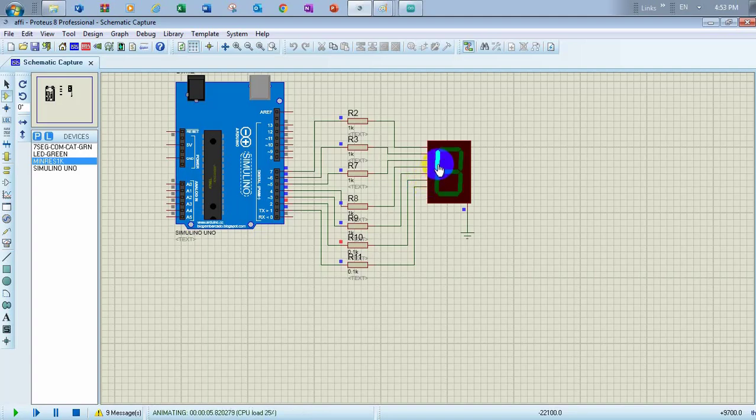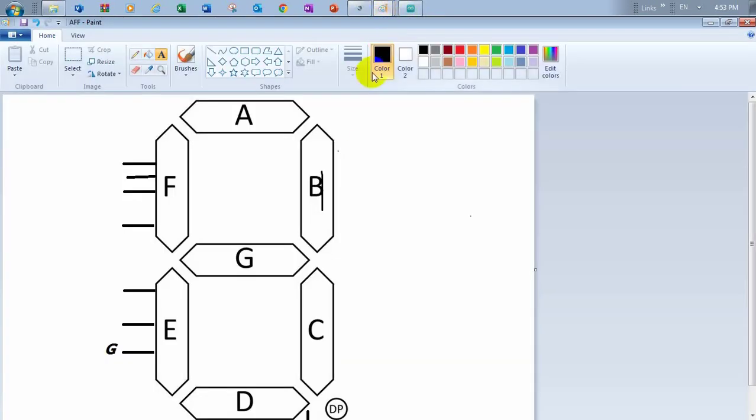This one controls this segment. Yes, this segment F. So right here, F.